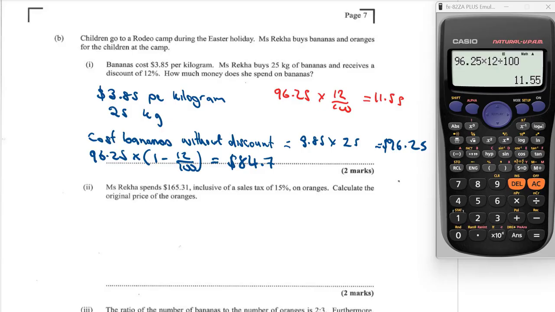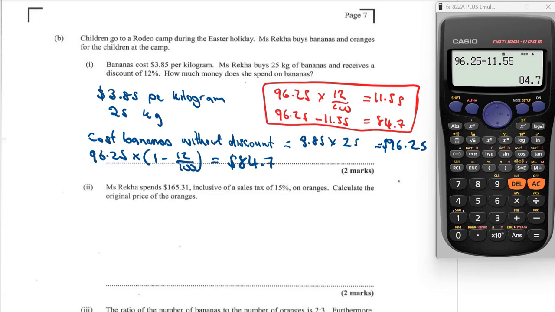And now what they will do is take 96.25 minus 11.55. So let's put this in our calculators. 96.25 minus 11.55, and that gives me 84.7, and that is the same answer we received. However, just a different way of working it.